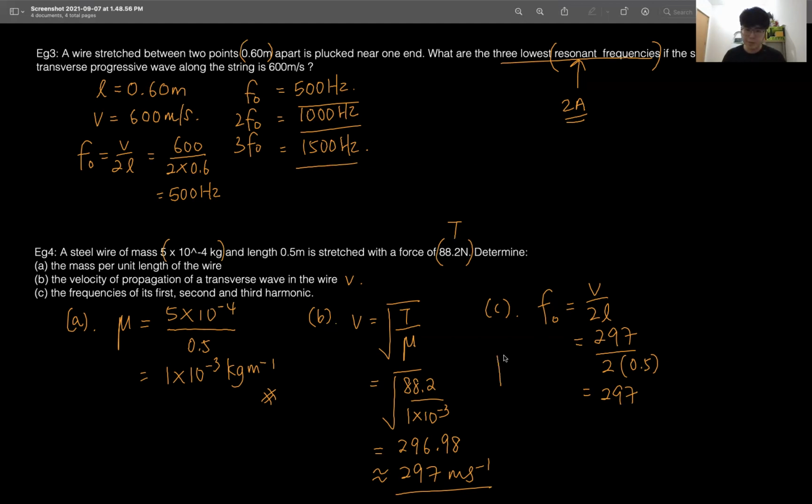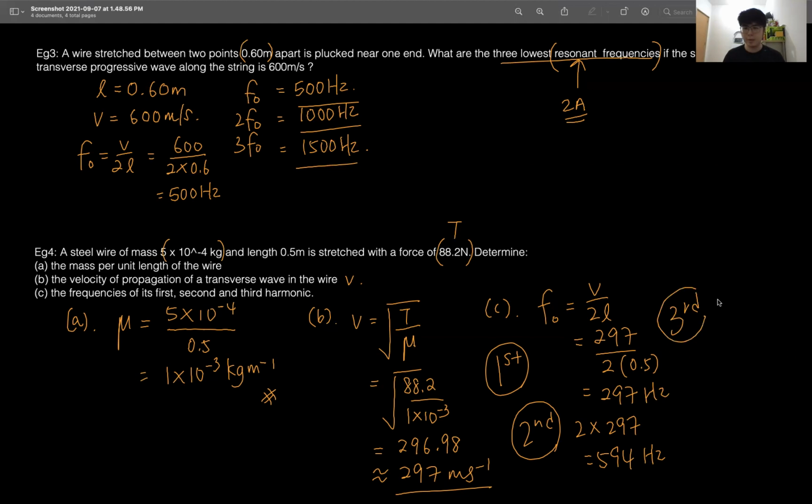This is the first harmonic. Second harmonic, just times 2, 594 hertz. And third harmonic, 3 times 297, 891 hertz.